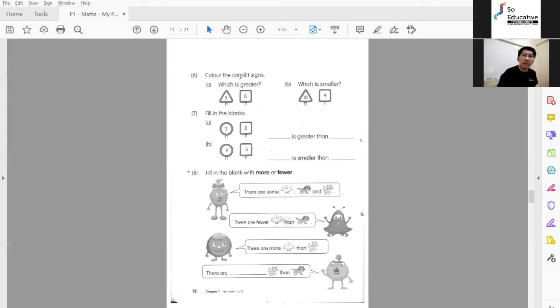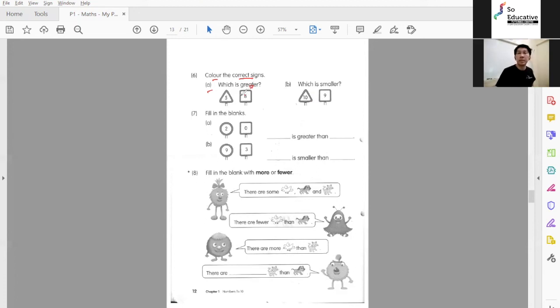Color the correct sign. A. Which one is greater? Okay, greater. Greater means bigger. So which one is bigger? 5 or 8?